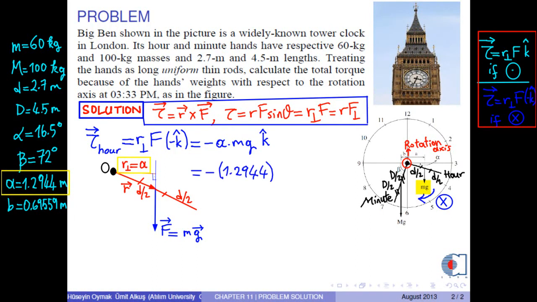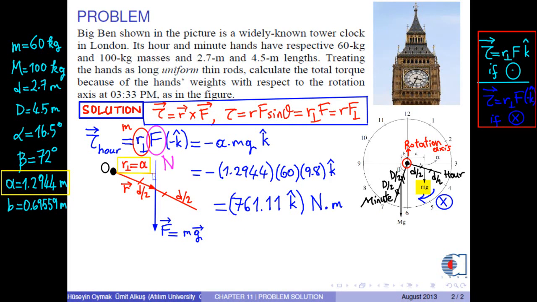Insert the numerical values into this formula. So we calculate the torque because of the hour hand with respect to the rotation axis as 761.11 k hat in Newton meters. Because position has units of meters and force has units of newtons in SI unit system.